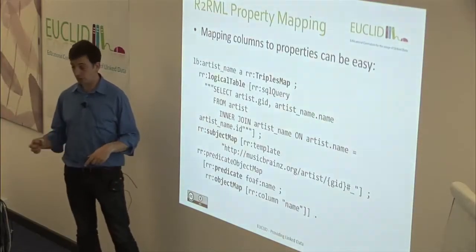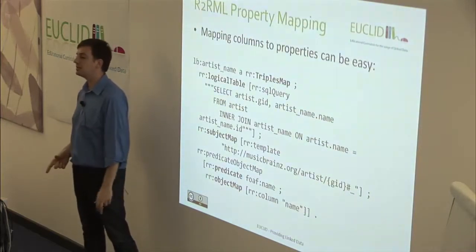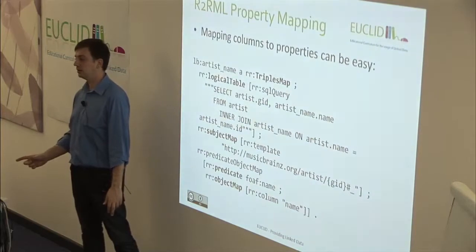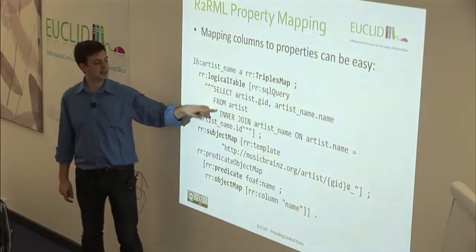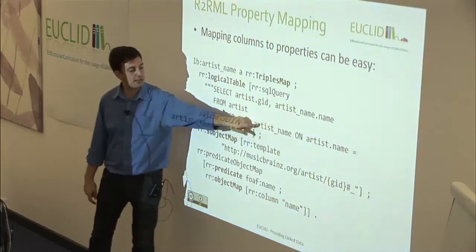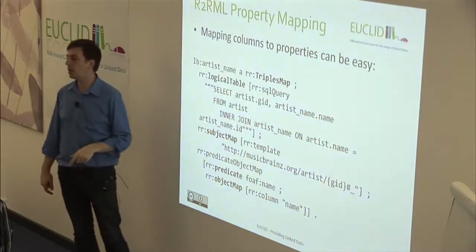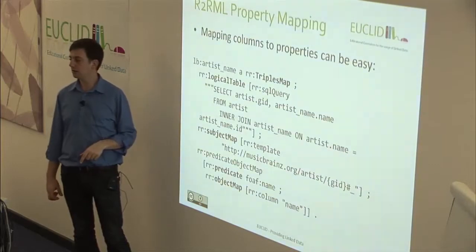Okay? One easy way to tell that is, instead of just joining things implicitly through a graph pattern, which is what SPARQL does, SQL explicitly says we have an inner join. Okay? So we're joining 2 tables in the relational database, artist and artist name, according to a condition. Okay?